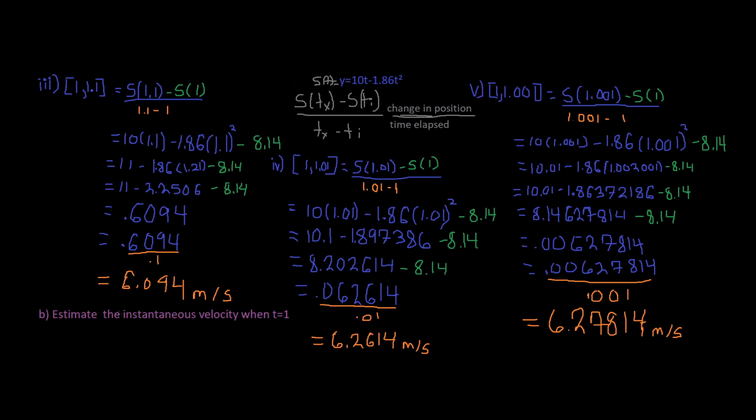So let's see right here. It says estimate the instantaneous velocity when t equals 1. This is our point of interest, so it's t equals 1. If we take a look at our average velocities, these orange numbers, they're getting closer and closer as the interval approaches 1, as you can tell when we're subtracting.